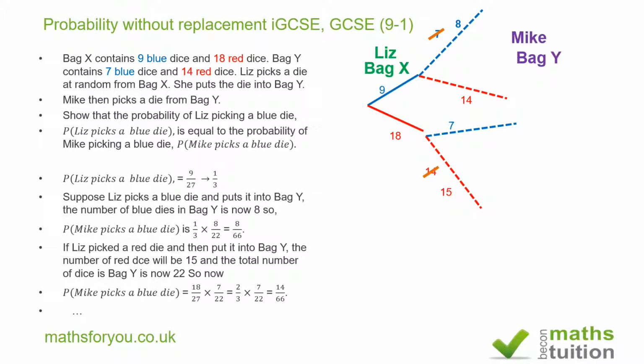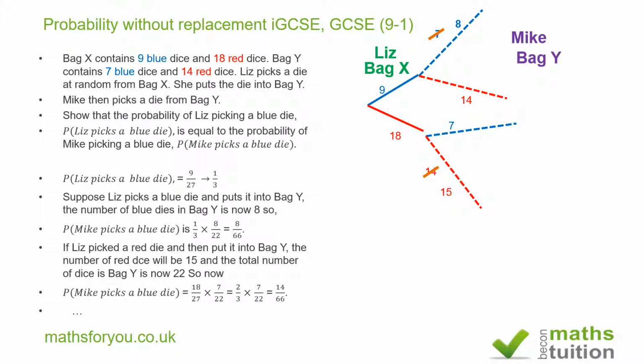And that would be 18/27 for Liz picking a red die and 7/22 for Mike picking a blue die. Okay, and this would then reduce to 14/66.